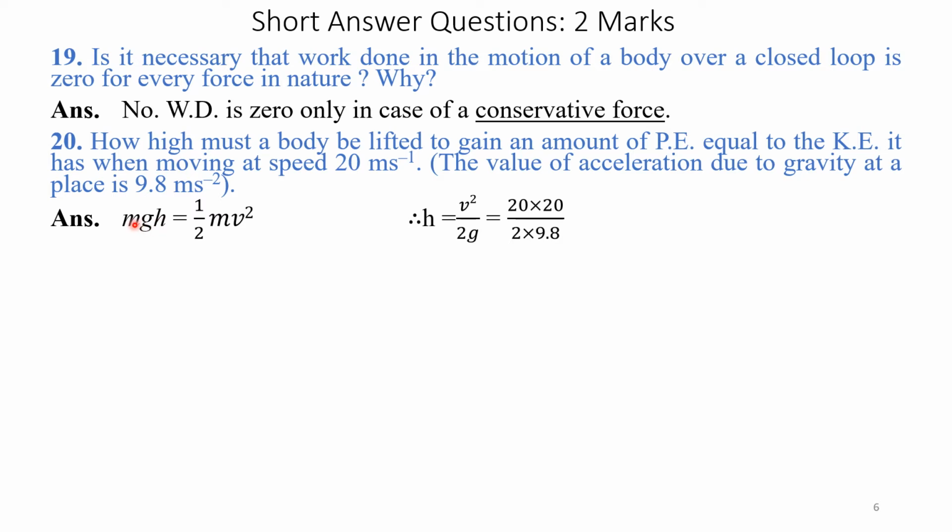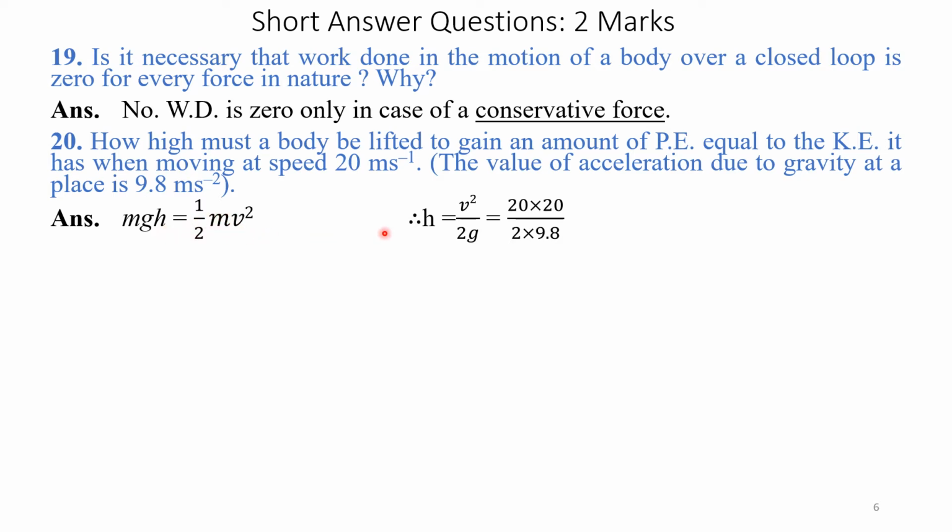We know potential energy is mgh, equal to kinetic energy, that is half mv square. Now, we have to find the value of h. Therefore, mgh equals half mv square. m and m get cancelled.